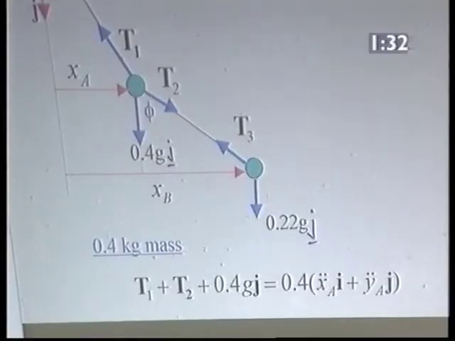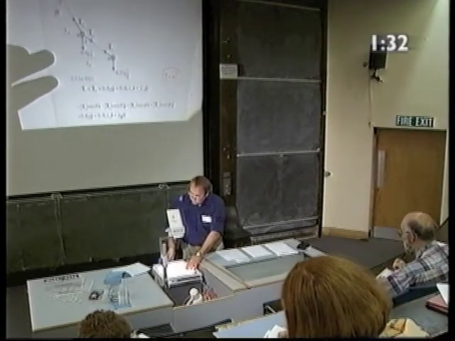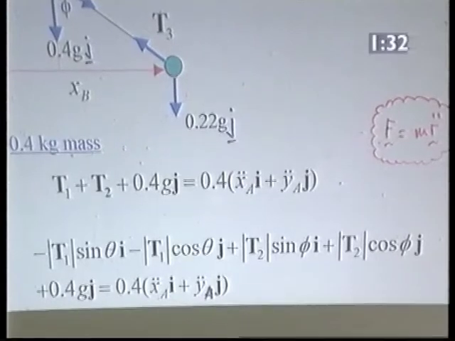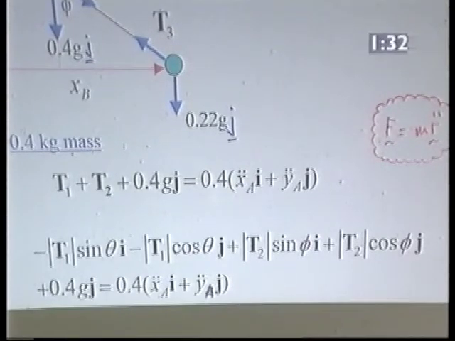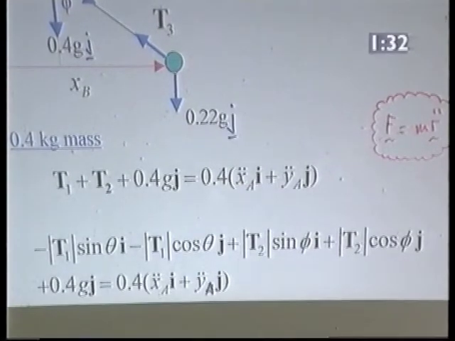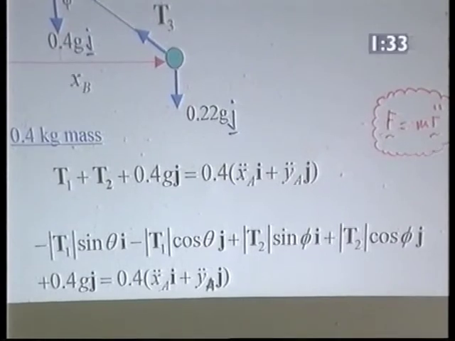For the onion up here, the 0.4 kilogram onion, there are three forces, T1 plus T2 plus the weight, and that equals the mass times the acceleration again. If we now insert the expressions for T1 and T2 from a couple of slides back, T1 we found was magnitude of T1 sine theta i minus magnitude of T1 cos theta j.